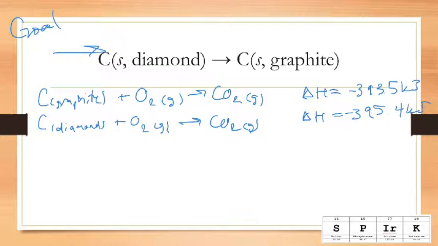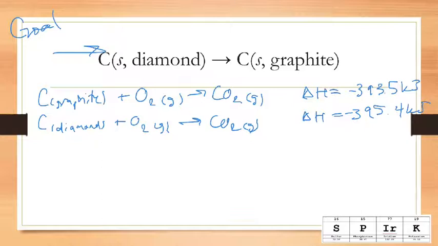So what we can do is manipulate these equations, add them together, and get the overall delta H for the reaction. Basically, we want to add these two equations together to look like our goal equation. If you noticed, the graphite is a product in our goal equation. So we can flip or reverse our top equation.